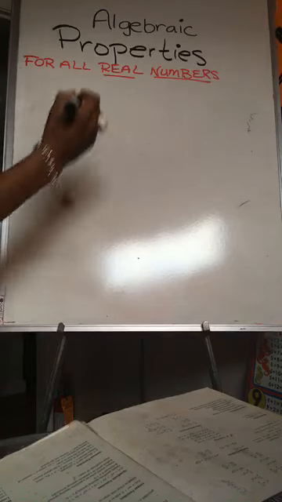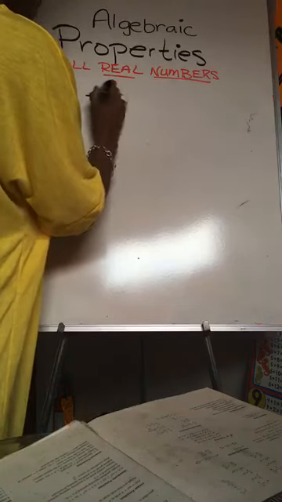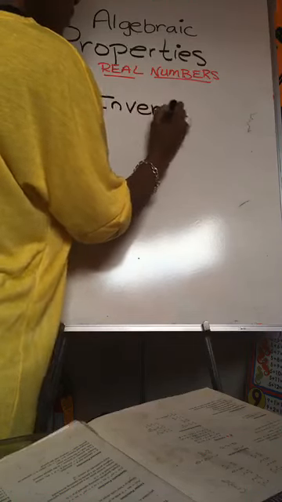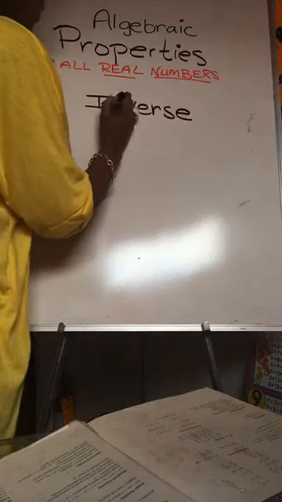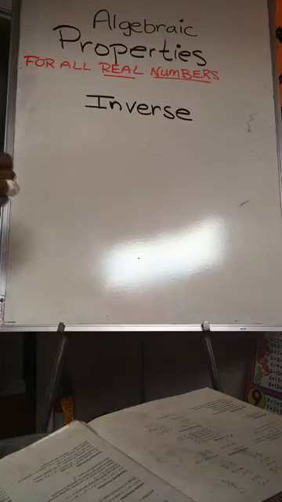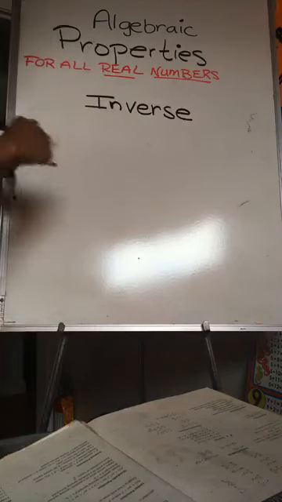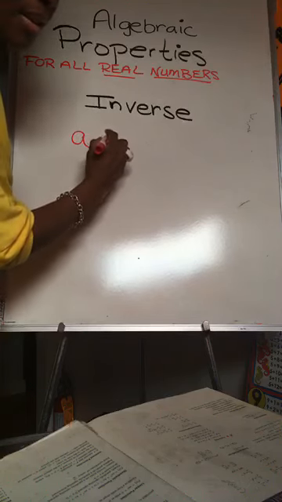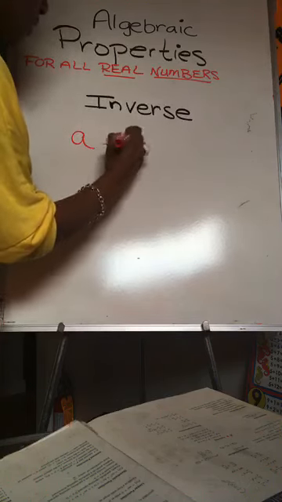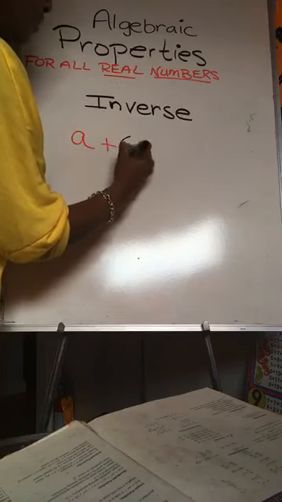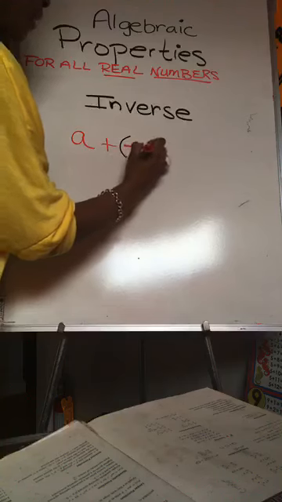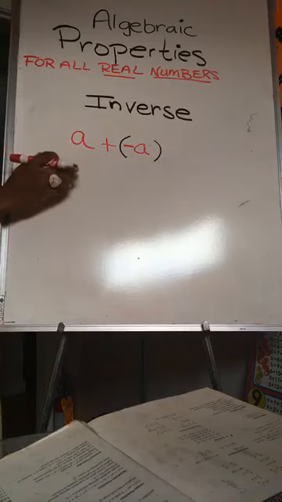Okay, now we're going to the inverse property. What does that look like? All right, so if we have A plus a negative A. Remember, our letters are our variables.